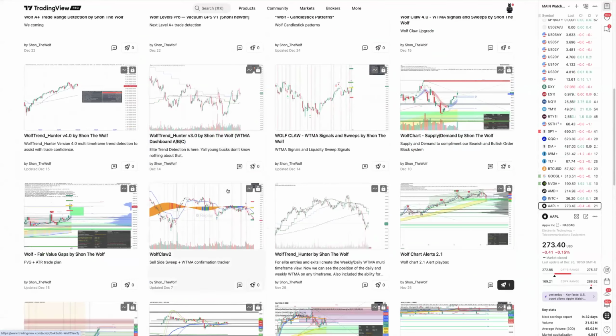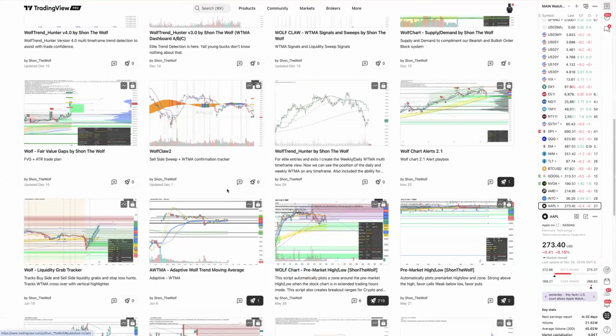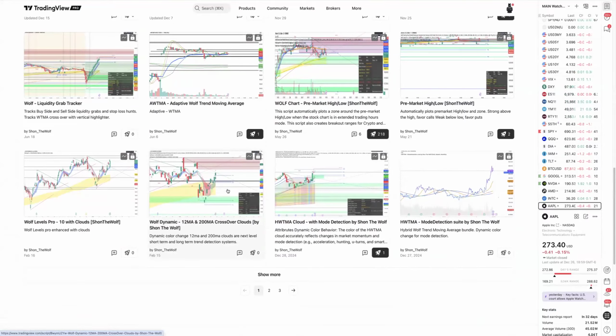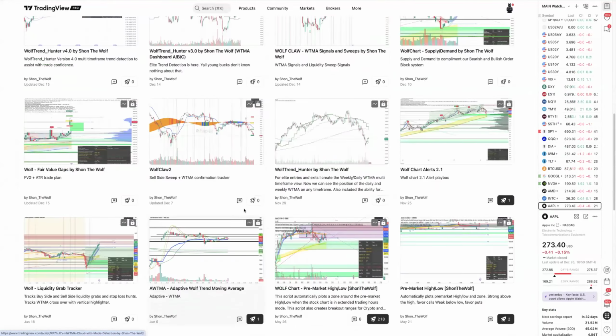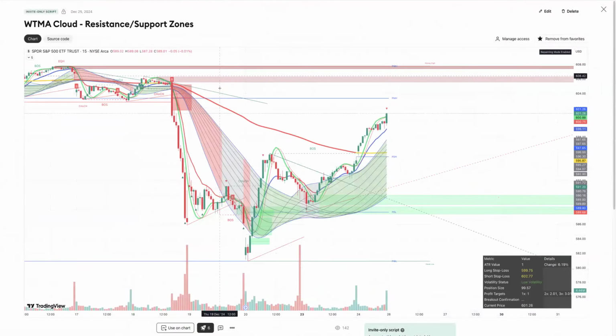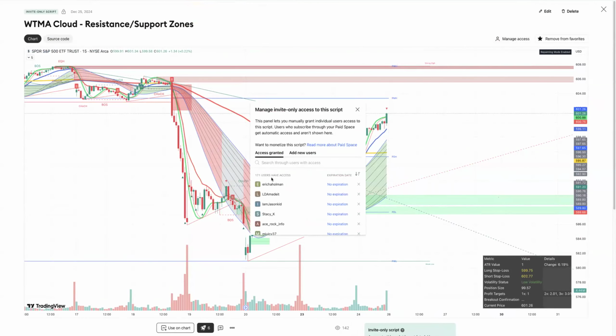I was excited about the number of people that have the cloud. I can see it right here. So when I click on the WTMA cloud, we have 171 wolves that are CWCA certified, right?